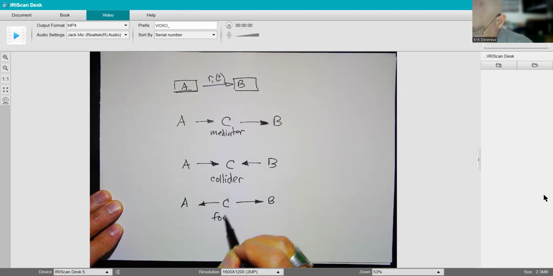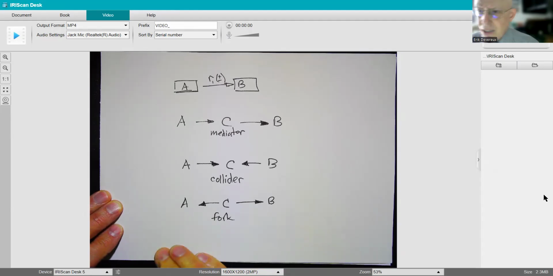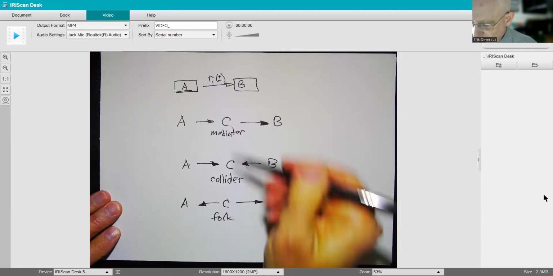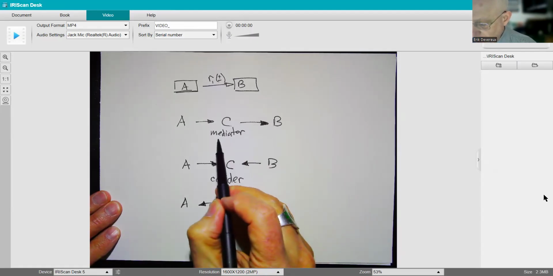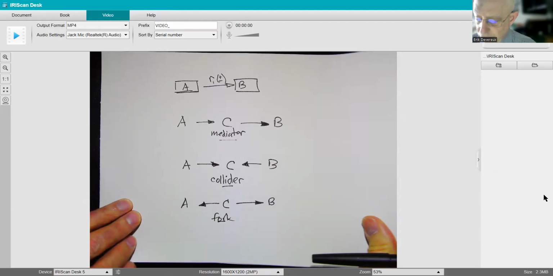When you have a fork, you could think that A and B are connected, that somehow one is listening to the other, but actually they're both listening to C. C is forked in both directions and it's influencing both A and B simultaneously. And you could draw a false conclusion about the relationship between A and B unless you understand that the fork is in there. So keep in mind the possibility of a mediator, a collider, or a fork as you work through these types of models.